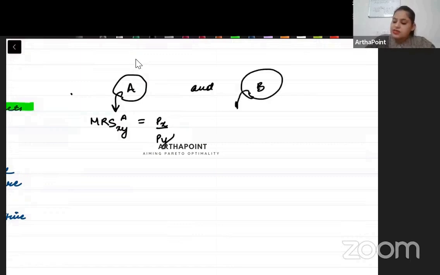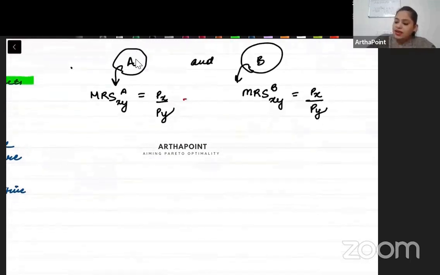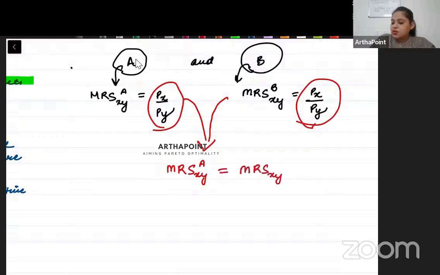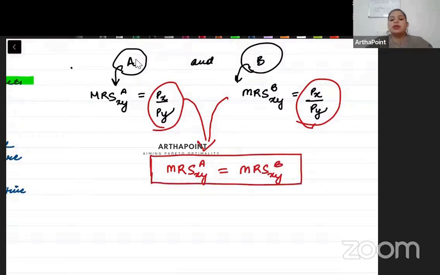And where will B's competitive equilibrium be? Where his MRS is equal to the price ratio. If I combine these two things, because they are in the same market, they face the same prices, we will get MRS of individual A equal to MRS of individual B.